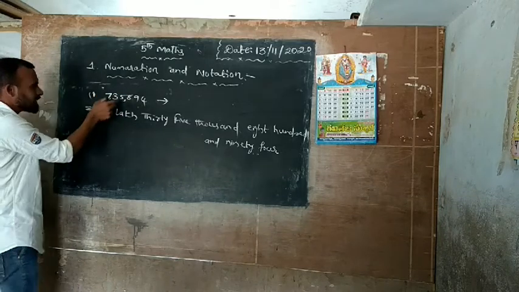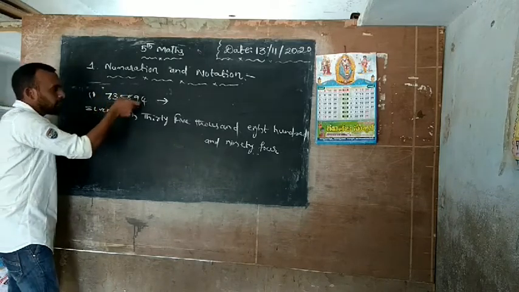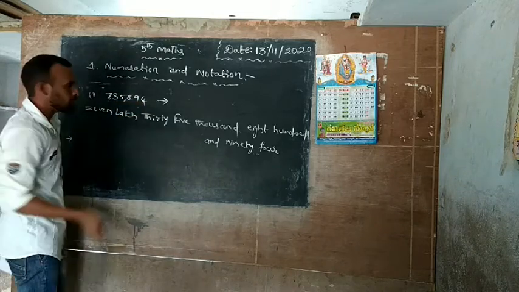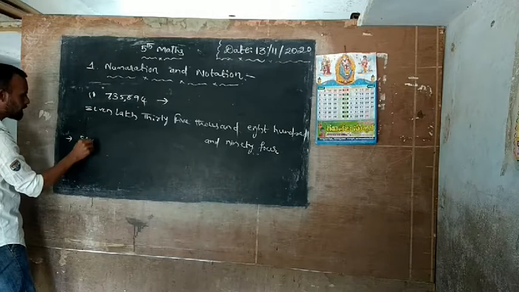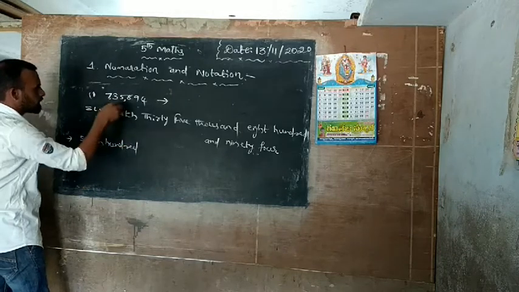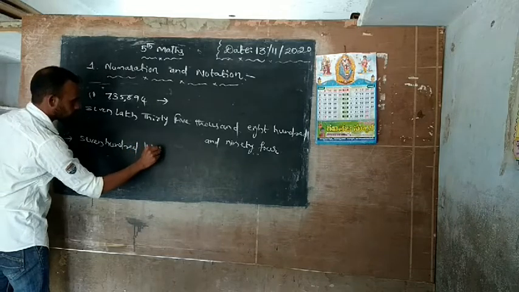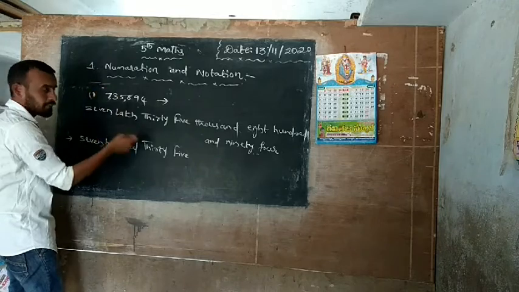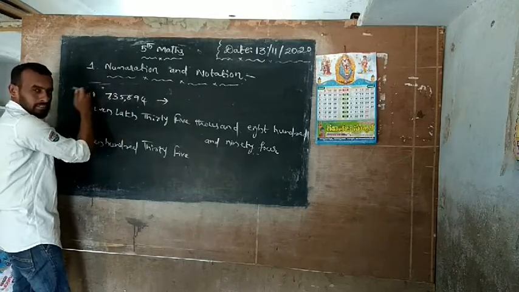Now see, 735,894 is the international place value chart number name. See how to write now. 735 what? Thousand. What am I telling? This takes the thousands place.